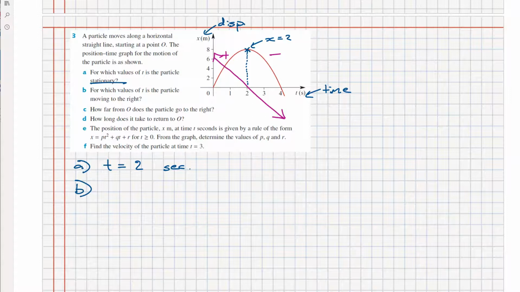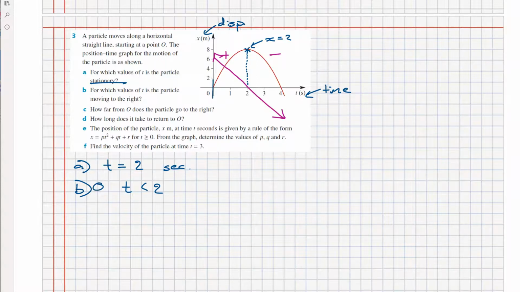And therefore, looking at the graph here, when we have a positive slope indicating a positive velocity, t is less than 2. So we're going to go t is less than 2. Notice it's not less than or equal to. And remember the constraints of the graph as well.